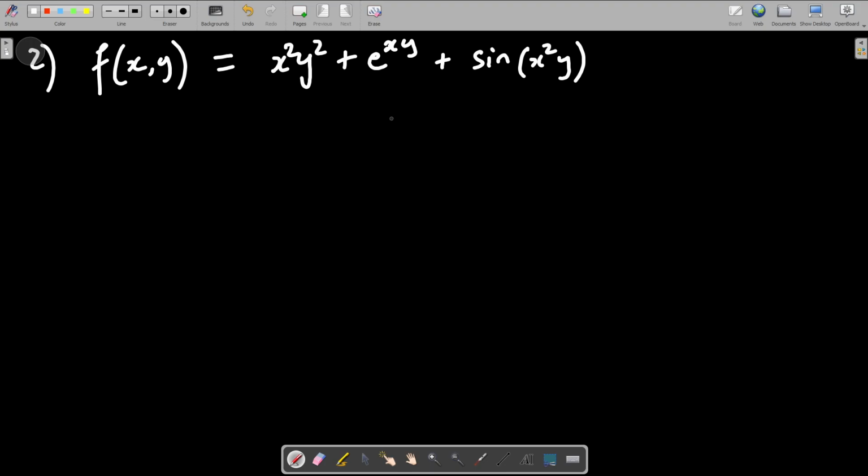So let us talk about this one now. We have ∂f/∂x coming first. Let's do this: x squared we will take the derivative of, y squared we will keep as it is. So 2xy squared, and here we'll be having e^(xy).